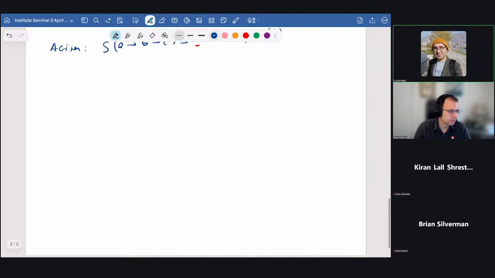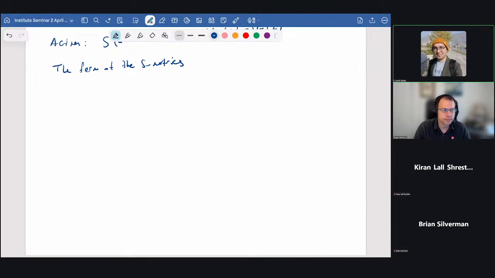And let's say the form of the S matrices. When we have an inward and an outward configuration, we define the S matrix element as a sum over paths gamma. I will shortly comment on what these are.